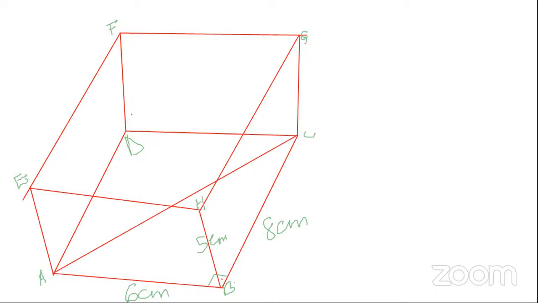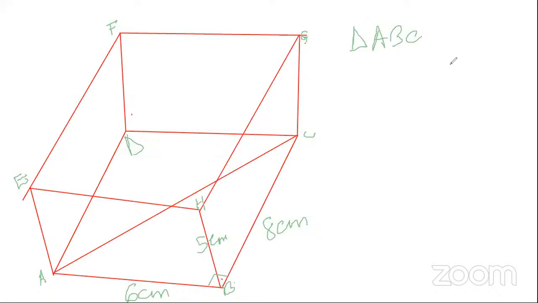Okay, so what we are going to do is to pick out this triangle here. We are going to pick triangle ABC, and it has a right angle in it.